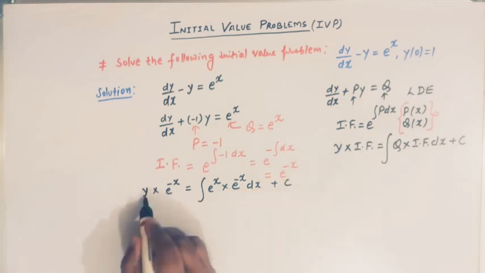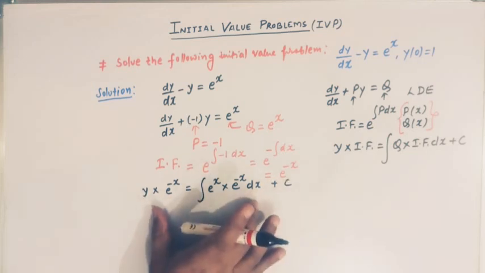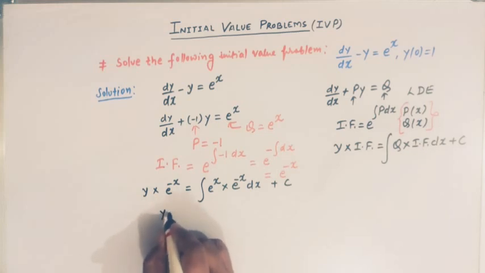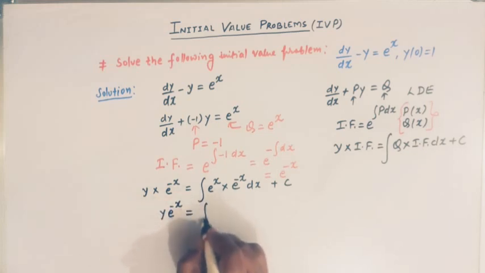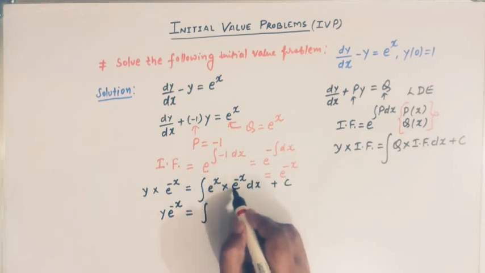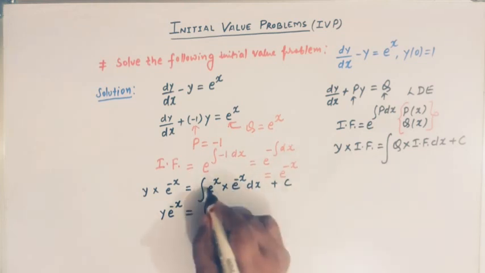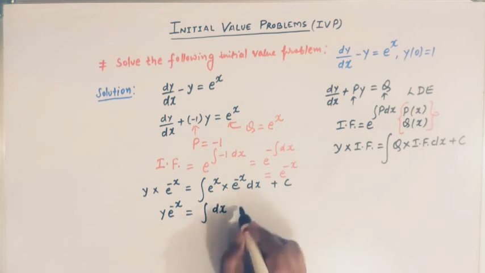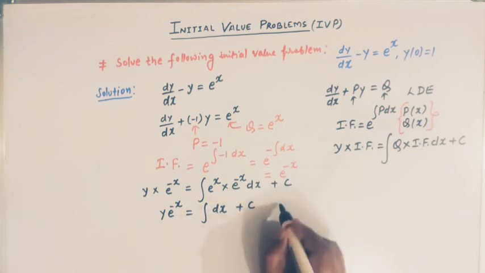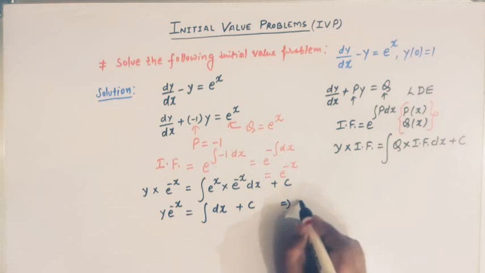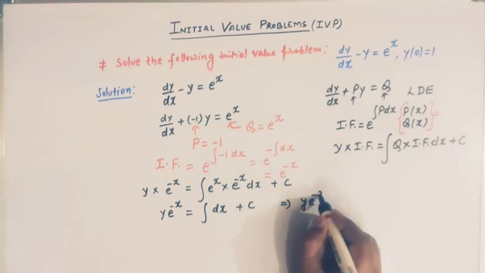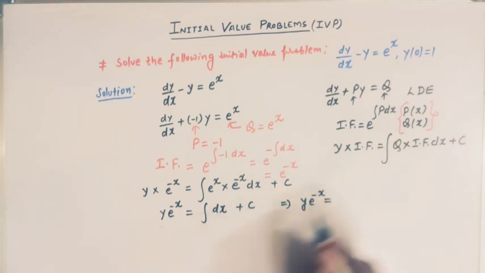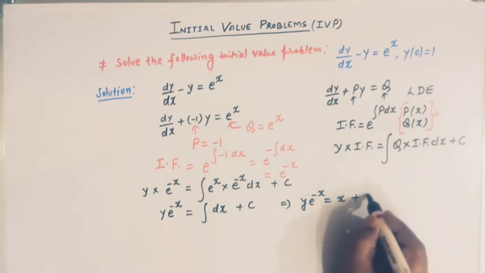So now we can simplify it. Here e raised to x and e raised to minus x get cancelled, so we are left with only dx here plus c, and this is y times e raised to minus x is equal to x plus c.